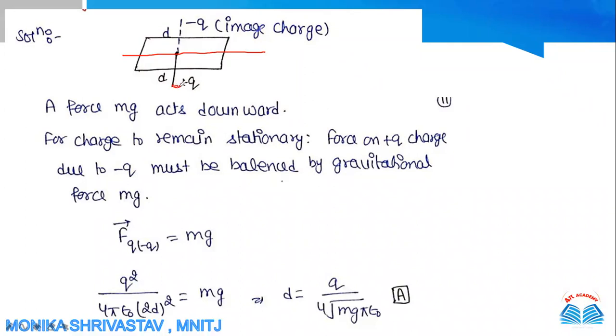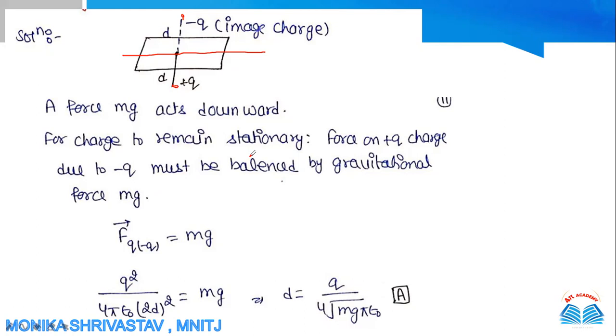So what we will do, we will just put the same charge of same magnitude but different sign, minus q here, at the same distance above the grounded conducting plane, d distance above. This is the real charge and it is its image. So it is your image charge. Now the force on this charge from this charge will be, what will be the force?